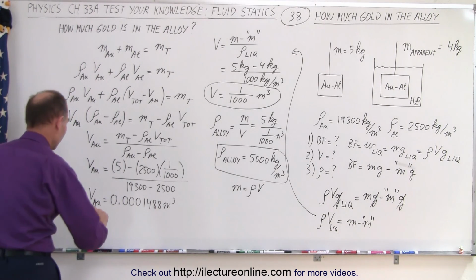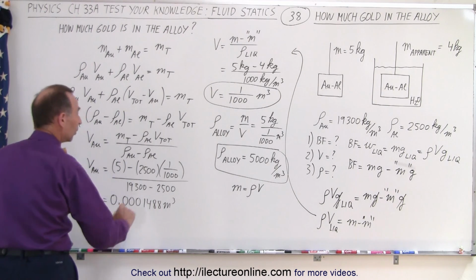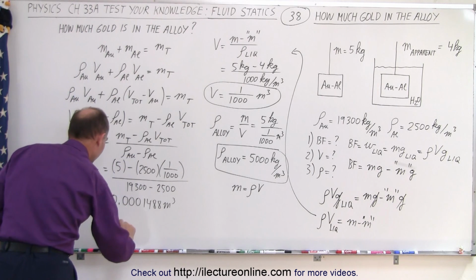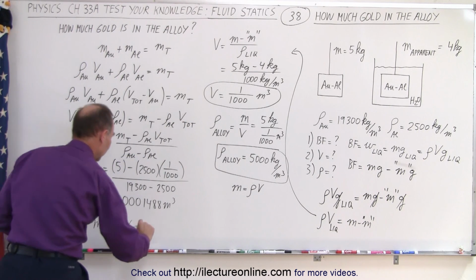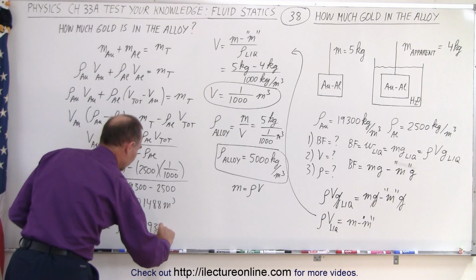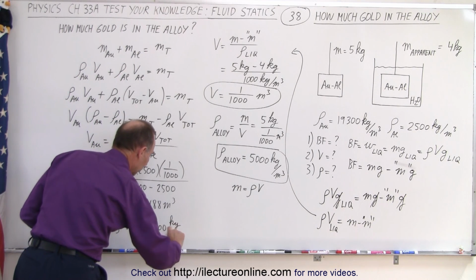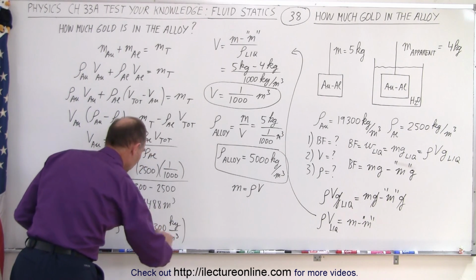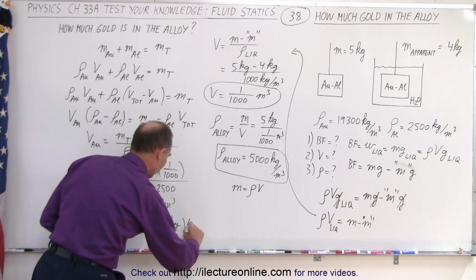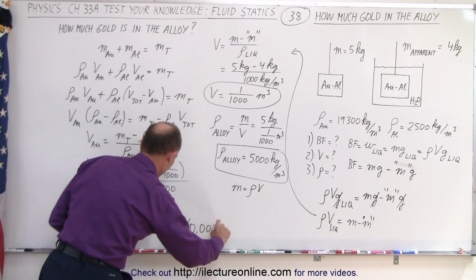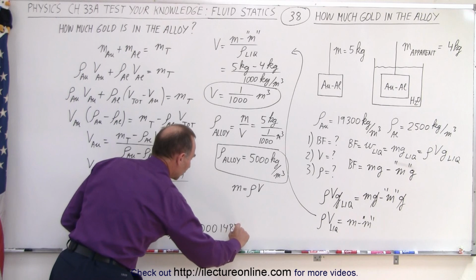Then finally, to find the mass, mass equals density times volume. So in this case, that would be 19,300 kilograms per cubic meter, multiplied times the volume, 0.0001488 cubic meters.